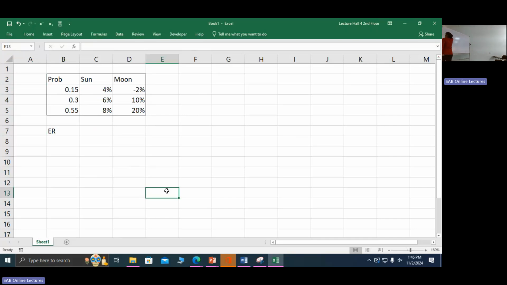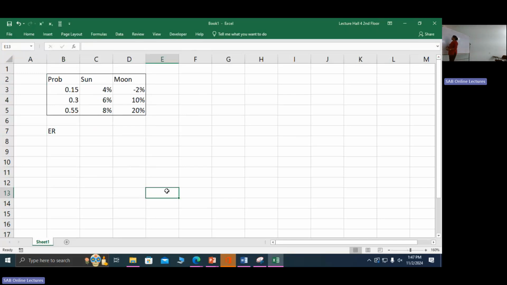Well, and remember the expected return calculation: 6 times the probability 0.15, plus 16 times 0.3, plus 18 times 0.5.